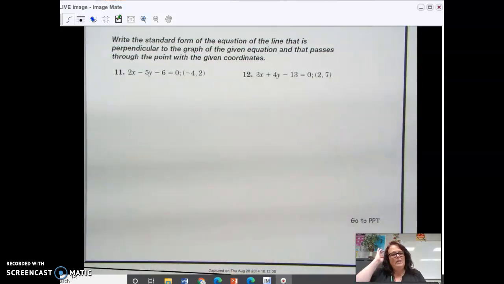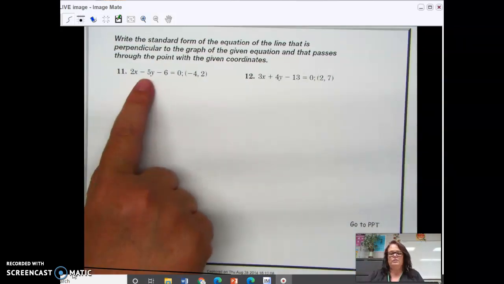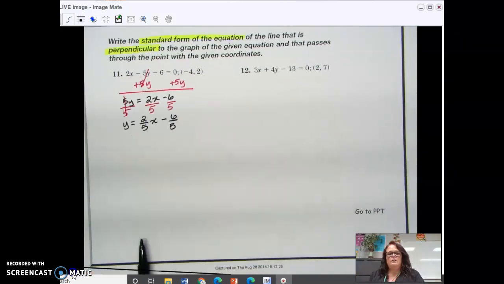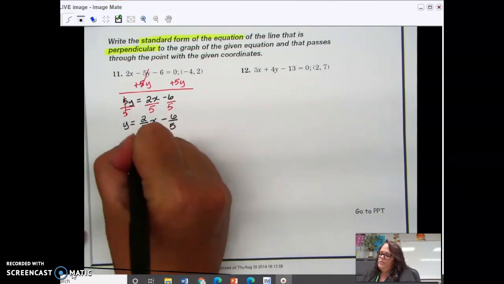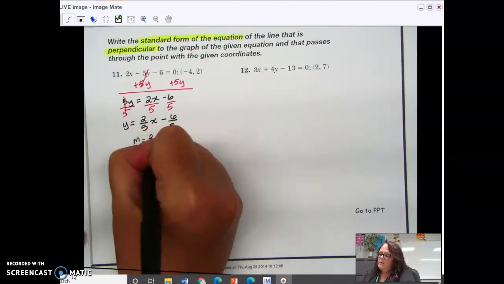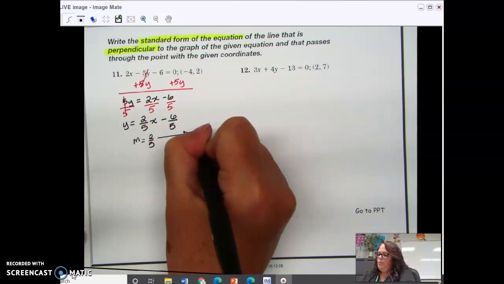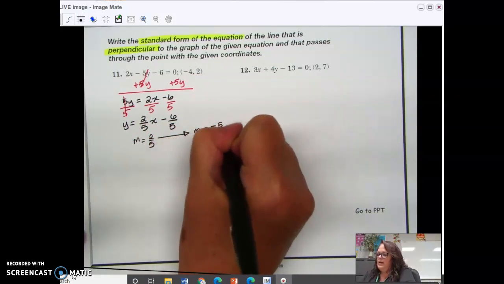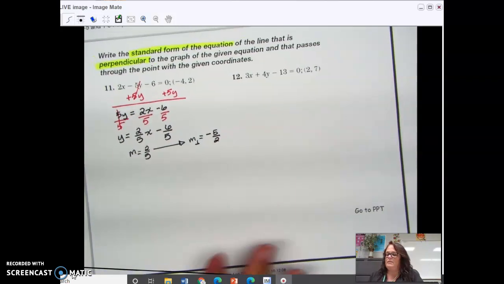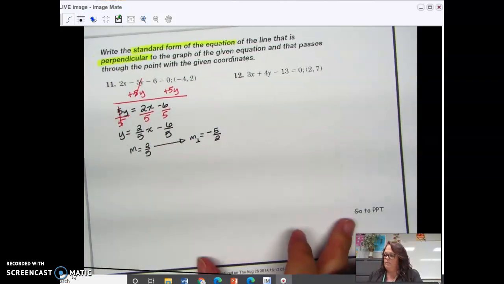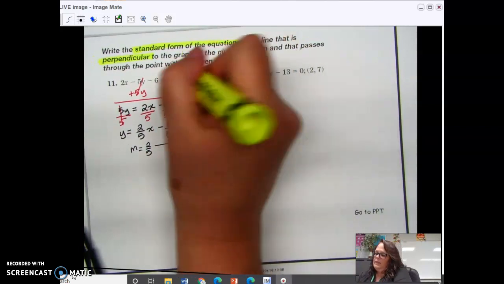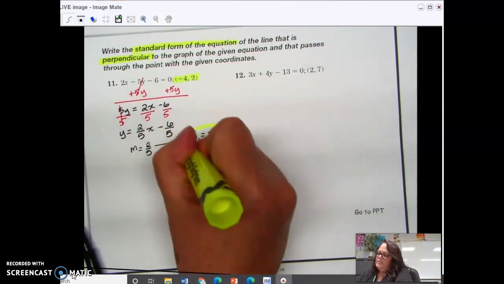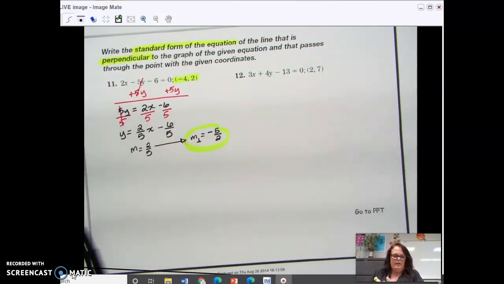So for the sake of time, I'm going to go ahead and do the work to find this slope. So I got a slope of 2/5, and so that means that the slope of the perpendicular is going to be the opposite reciprocal. So that means it's going to be negative 5/2, because if you notice in the directions, it said perpendicular. So I'm going to use this point and this slope to be able to find the equation of my line.